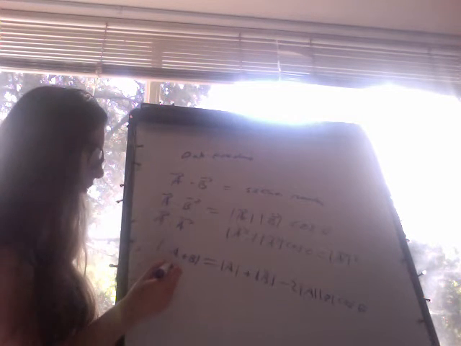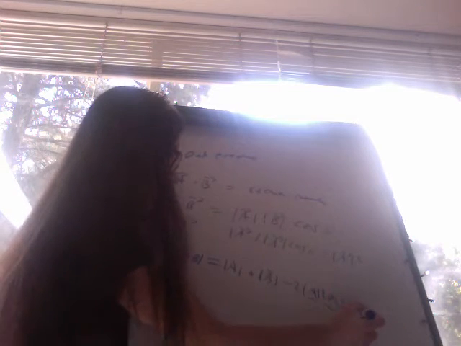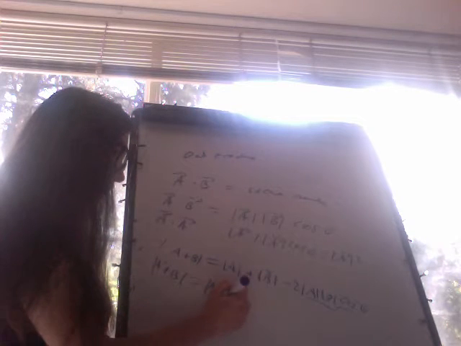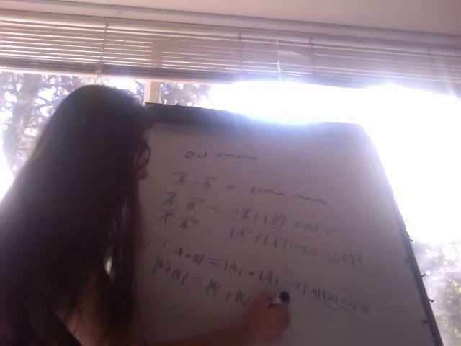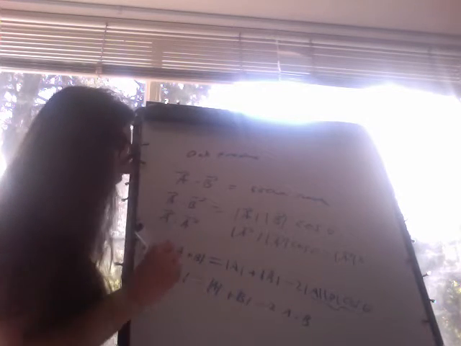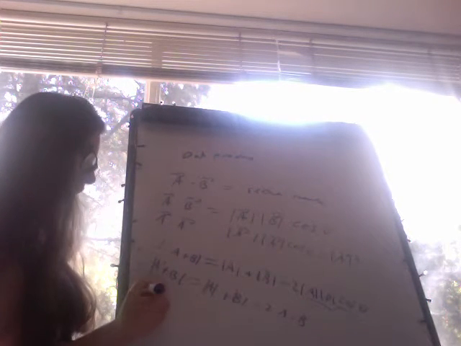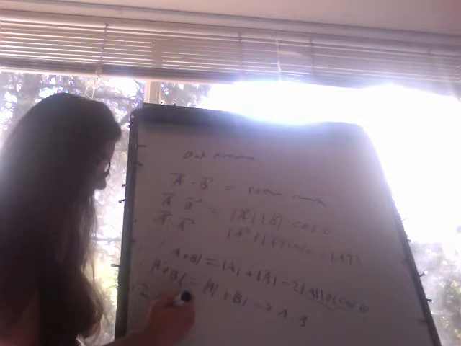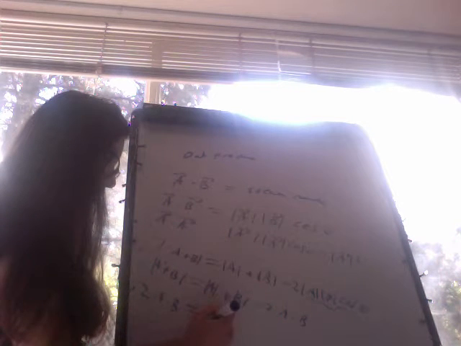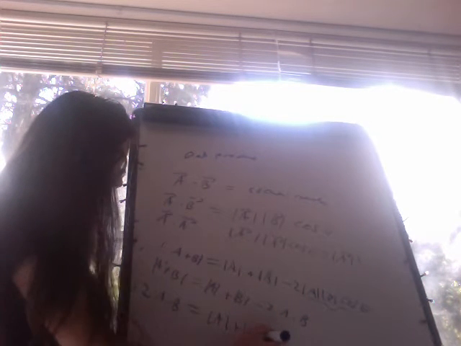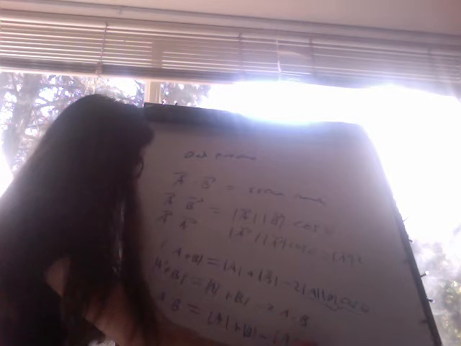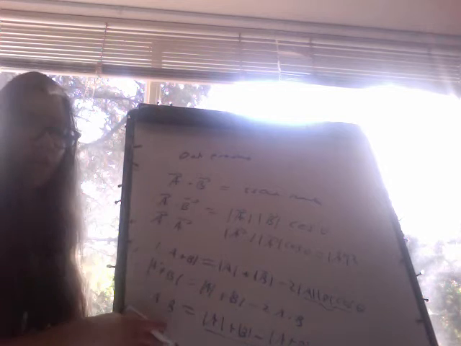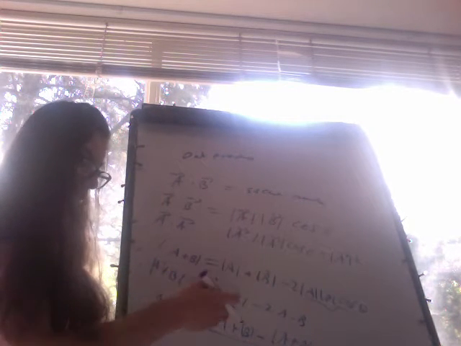So this is the dot product: A plus B squared is equal to magnitude of A squared plus magnitude of B squared minus 2 A dot B. If we want to know A dot B, I move terms, so I have 2 A dot B is equal to the magnitude of A squared plus the magnitude of B squared minus the magnitude of A plus B squared. Divide both sides by 2, and we also have that A dot B is this.